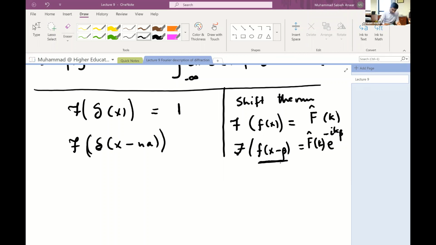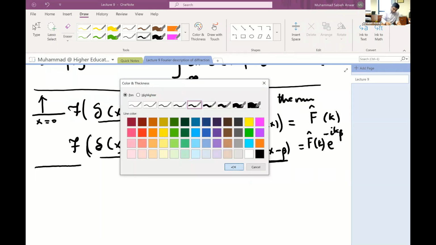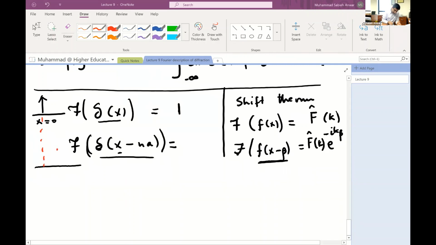Okay, so now if I were to find the Fourier transform of the shifted Dirac delta function, the Dirac delta function that I've drawn over here, delta of x, is non-zero only at x equals 0, and the Dirac delta function of x minus na is a Dirac delta peak at a position na instead of x equals 0.